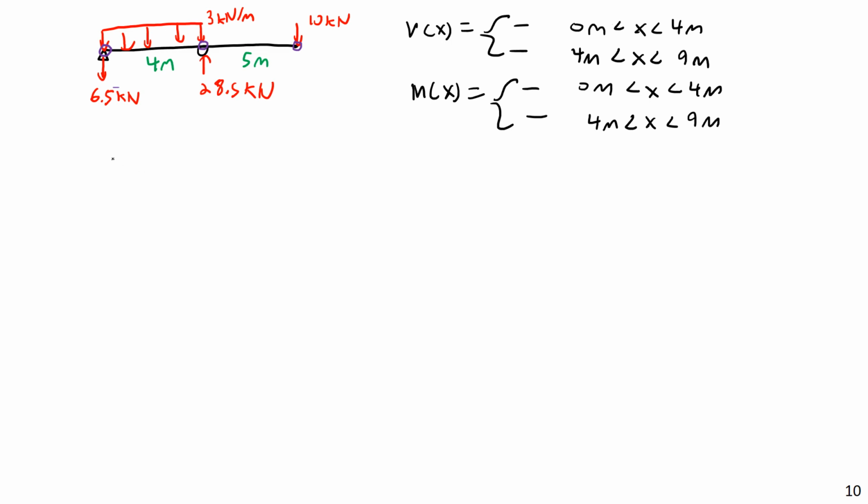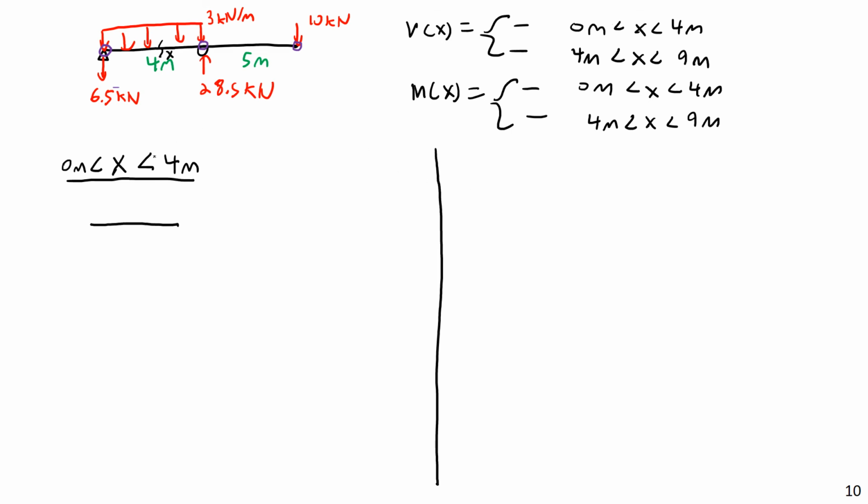And so I'm going to first look at the first zone, which is when x is between 0 meters and 4 meters. So I'm going to draw out the free body diagram, cutting this at some location x. So let's do that. You know what, I'm going to try to split this up like this.